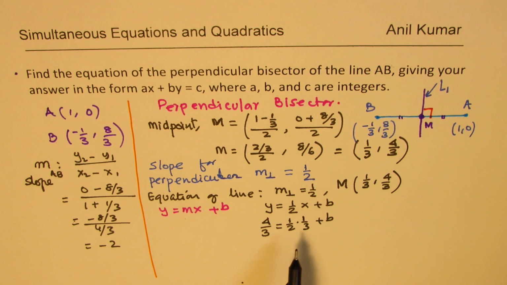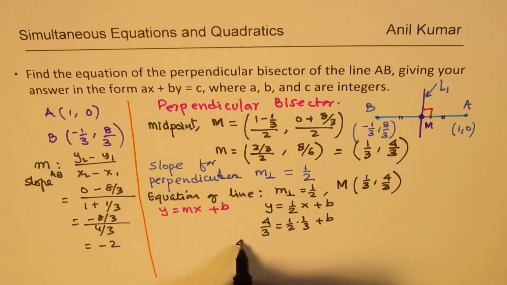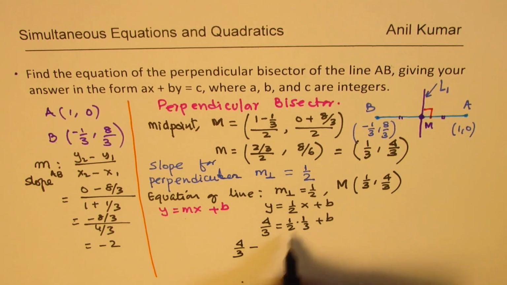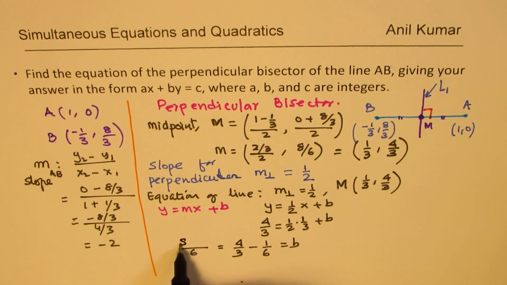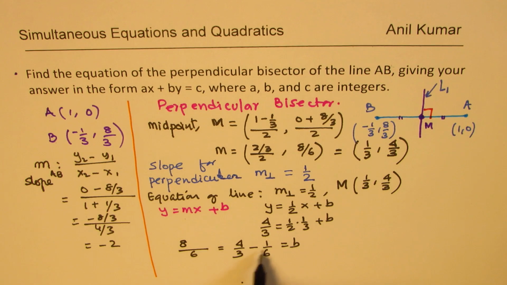Now we can take it to the left side and solve. So that means we have 4 over 3 minus 1 over 6 equals to b. So that means we have a common denominator of 6, and that becomes 8 times 2 is 8, and this is minus 1.